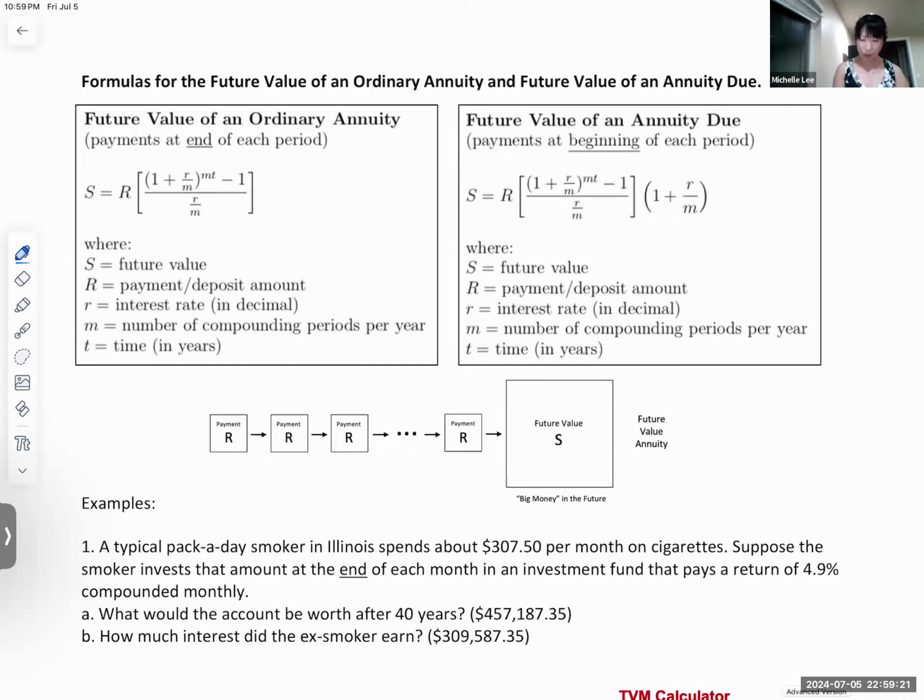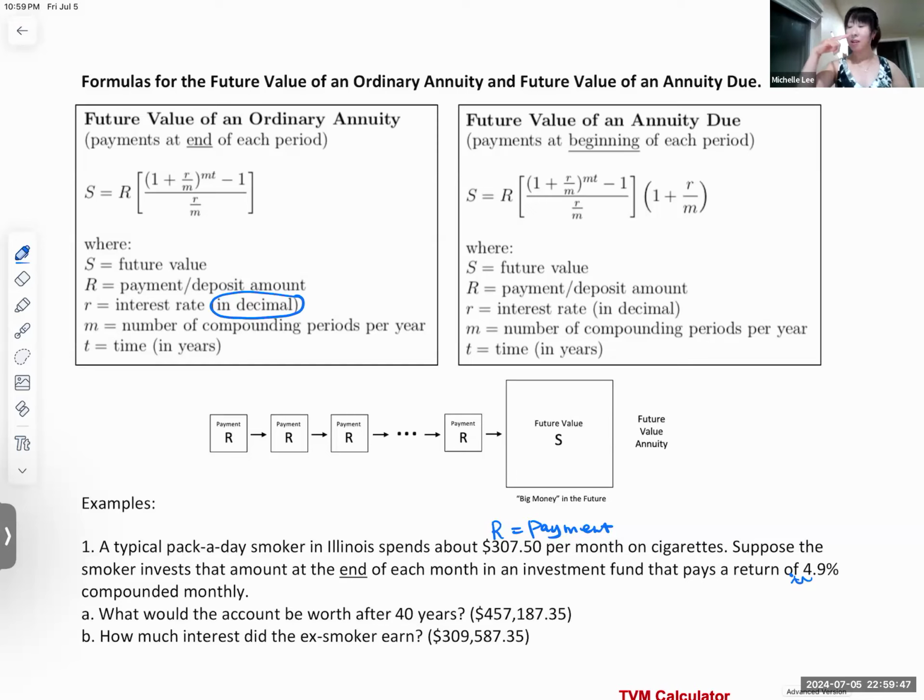307.50 is the payment, so that's the R, which is payment. And we have 4.9%, but in that case, it's in decimal for r, right? So we move the decimal point twice to the left, Beyonce method, right? To the left.